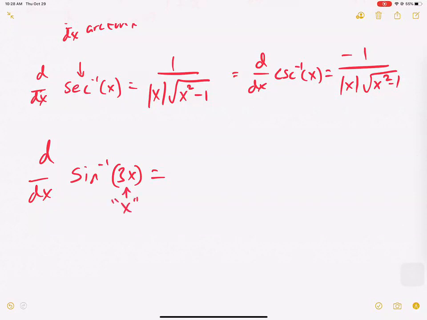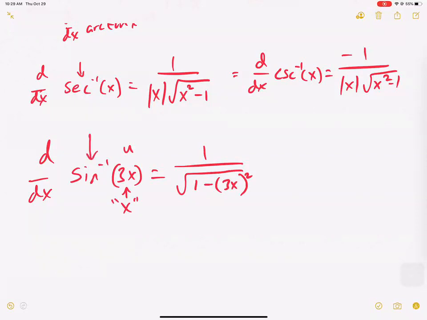Many times when you look at these identities up online, they'll use the letter u instead, so we don't get confused. We follow the rule. We copy it exactly, 1 over the square root of 1 minus x, quote unquote x, which is now 3x, squared. And then, please remember, chain rule applies to everything.